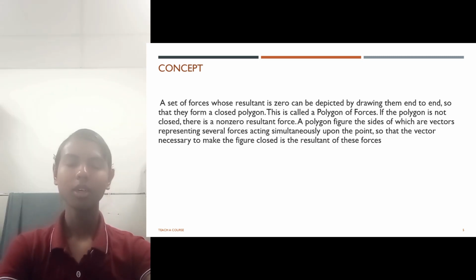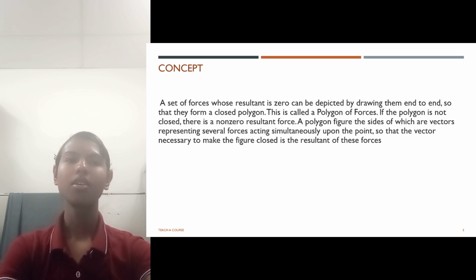For the concept of polygon of force, a set of forces whose resultant is 0 can be depicted by drawing them end to end so that they form a closed polygon. This is called a polygon of force.